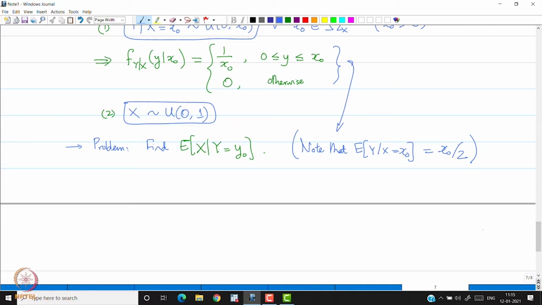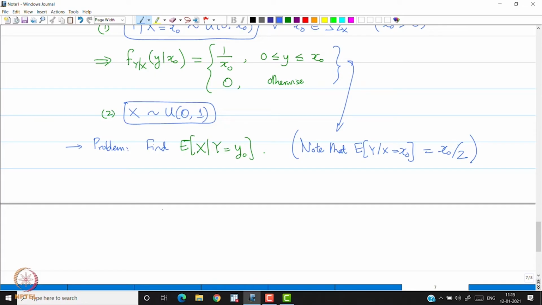You just write the result out by inspection: if you're given the conditional PDF of Y given values of X, the conditional mean can be straight away written out and doesn't require any other information. But now we're asked to find the conditional expectation of X given Y equal to y naught.